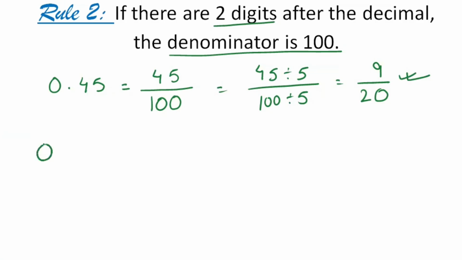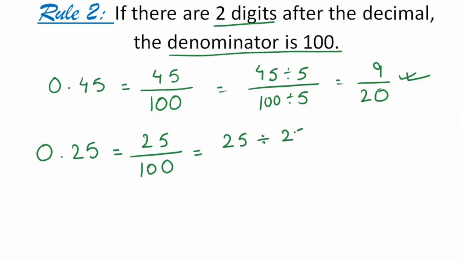Take another one, 0.25. How will we write this one as a fraction? 25 over 100. Can we simplify it? Yes, we can. We have to divide by 25. 100 divided by 25 will be 4, so we get 1 over 4.